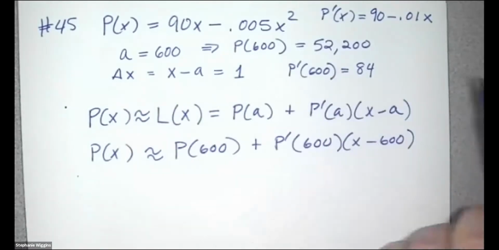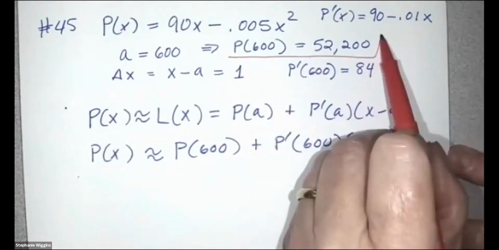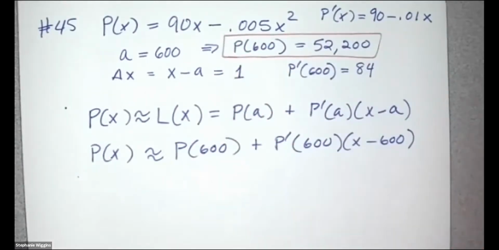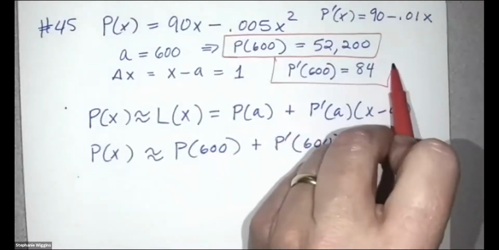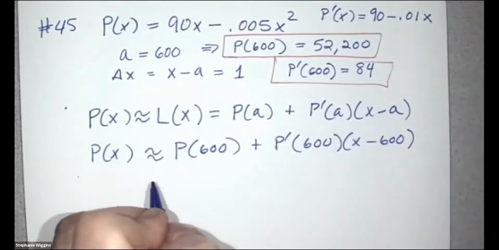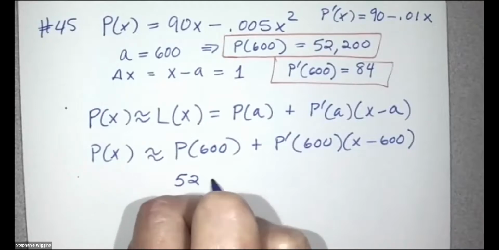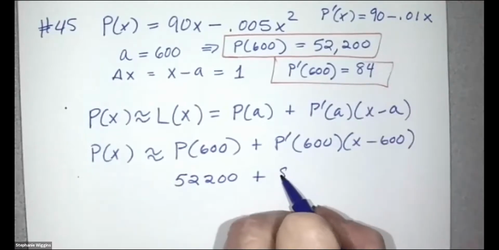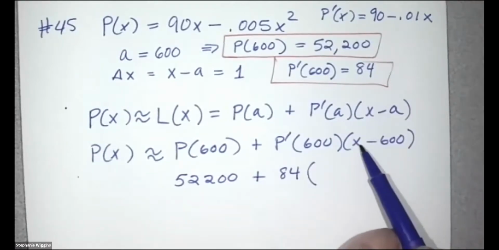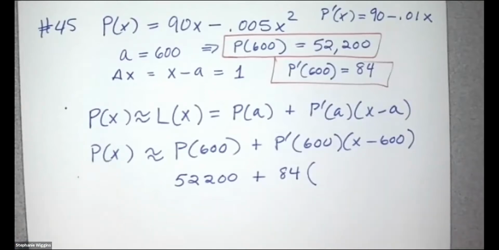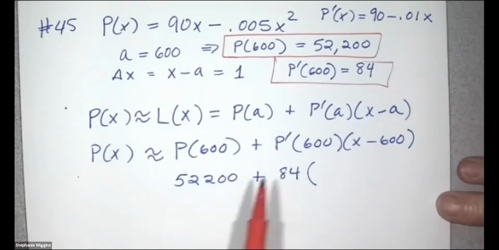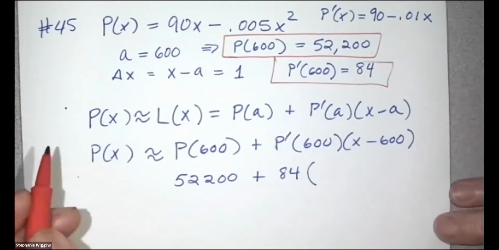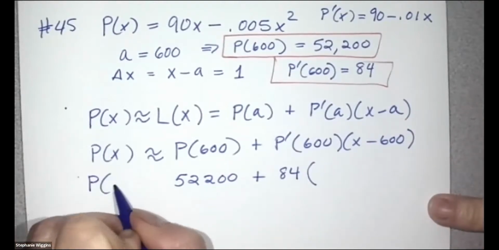So I'm going to be using these two pieces of information, okay? So I get $52,200 plus 84 times, what are we approximating here? We're approximating the profit when you have one more bicycle. So in other words, we're looking at P of 601.